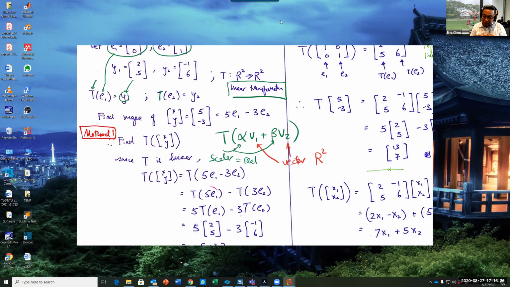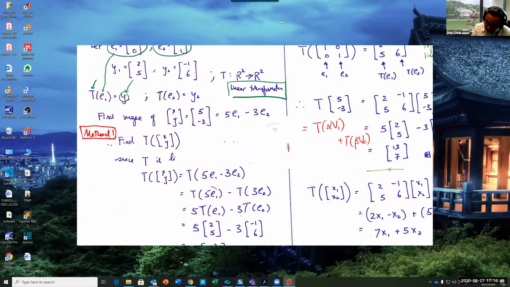Now, a linear transformation tells us that if we are given this plus this, it will equal the transform of alpha V1 plus the transform of beta V2. So the first big deal of linear transformation is this: it will break your problem into smaller problems. So alpha V1 plus beta V2 can be broken down, and we work on them separately.